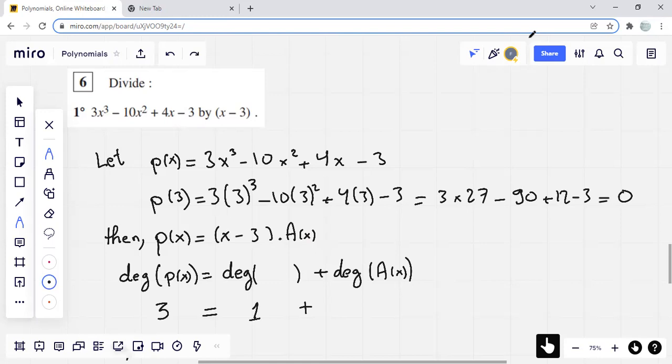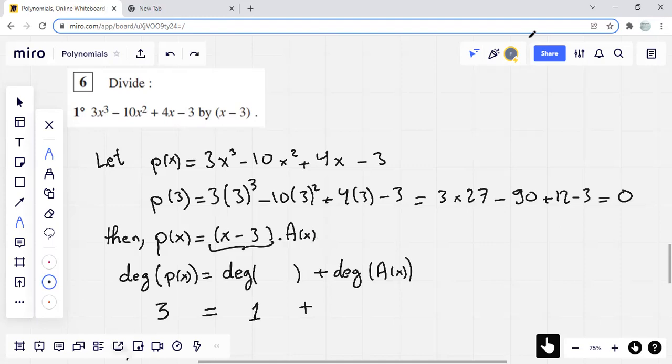Now, what do we know about a of x? We know that the degree of p of x is 3, the highest exponent in p is 3. And if we write p as x minus 3 multiplied by a of x, to find the degree of p of x, we have to add the degree of x minus 3 plus the degree of a of x.